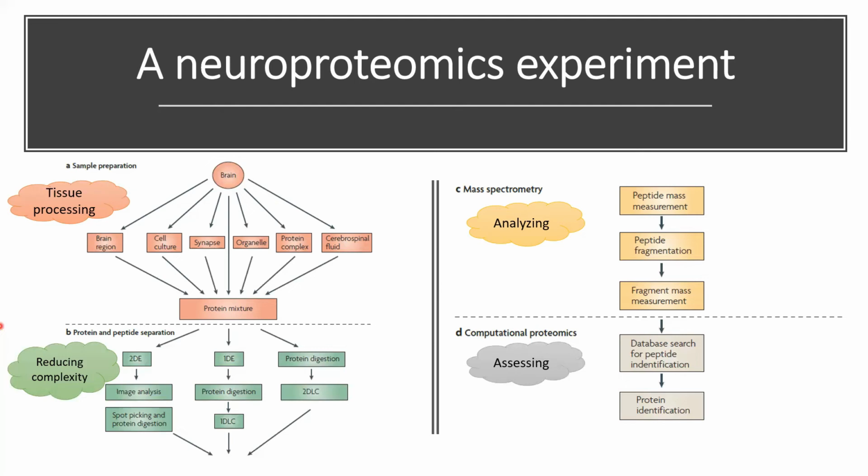Mass spectrometry measures the data we've got from the separation process, and we can analyze this through different processes. Then we can assess all these measurements and data through computational methods, through protein identification and database search for peptide identification.